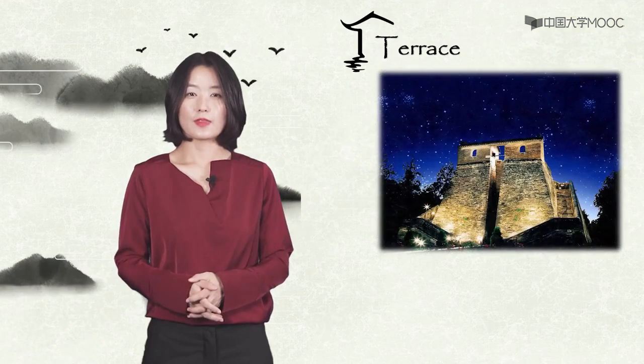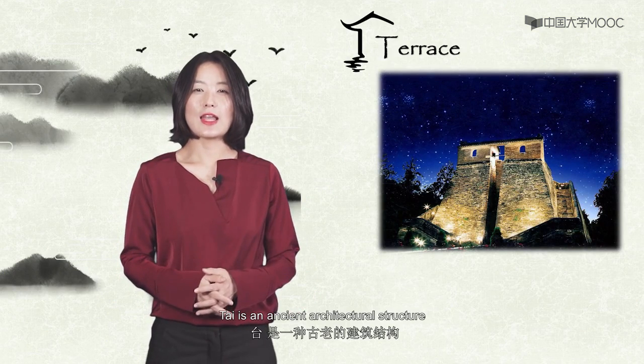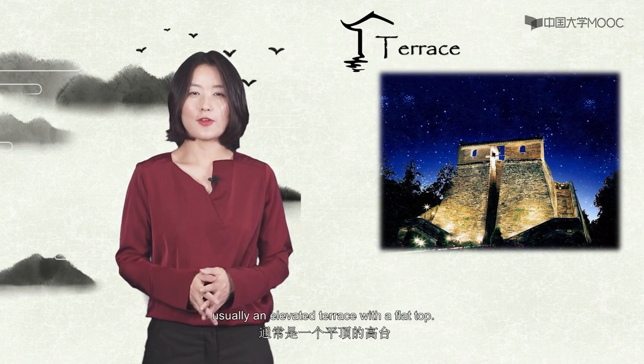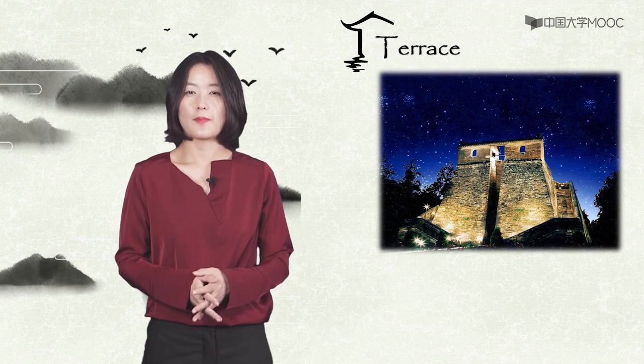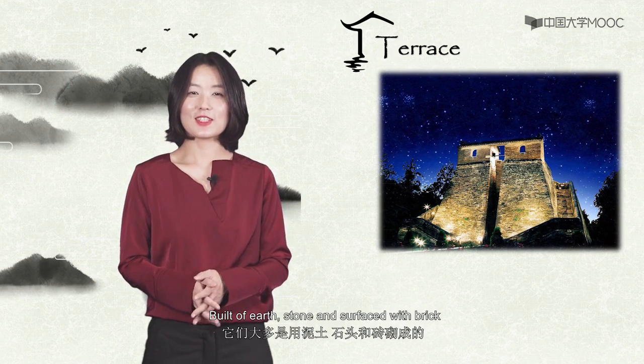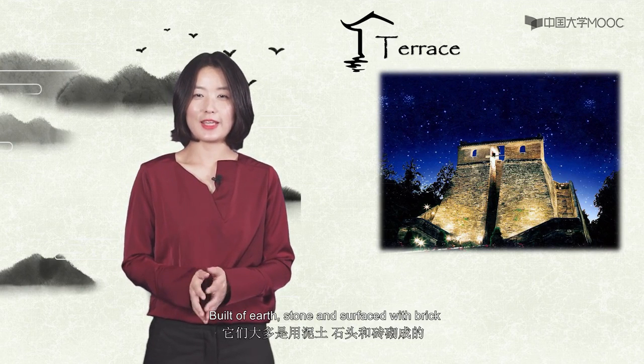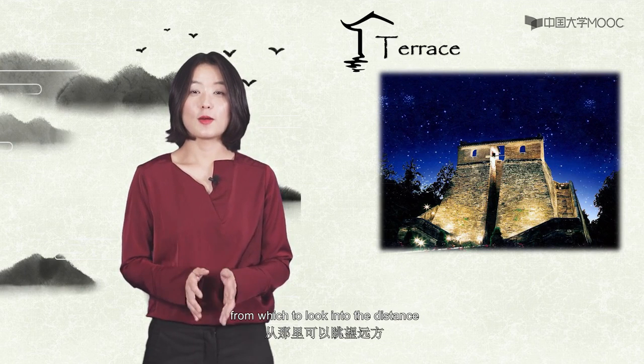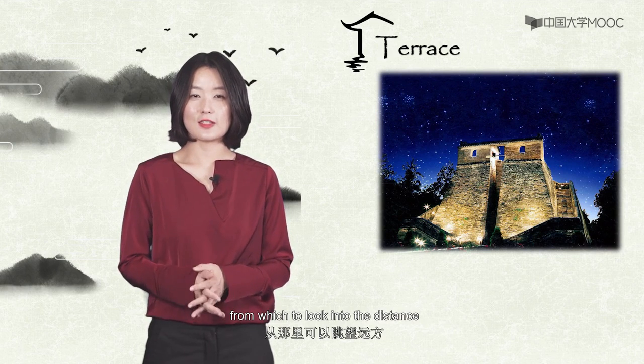Terrace. Tai is an ancient architectural structure, usually an elevated terrace with a flat top. Built of earth, stone, and surfaced with brick, they are mostly set high as a belvedere from which to look into the distance.